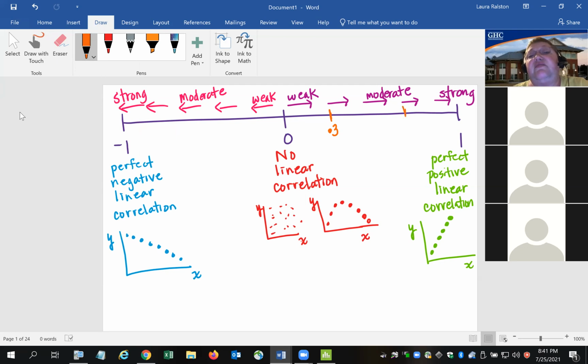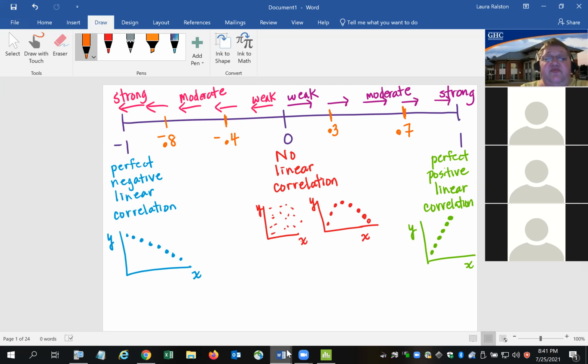And then moderate maybe takes you up to about 0.7, and then from 0.7 up, you're strong. And again, those are not set in stone. I mean, I could say, well, we're going to do -0.4 and -0.8 on the other side. It's your gut instinct, okay? The biggest thing is to think about whether there is positive or negative.